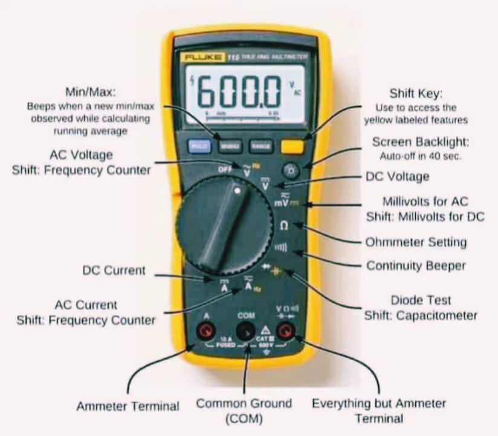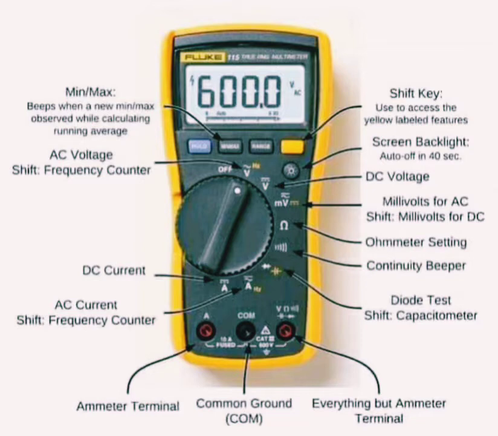So this one is small. Here the buttons are mentioned as voltage, AC voltage, DC voltage, then millivolt, ohms, continuity checking, diode and capacitance, then amps, which means DC current and AC current.